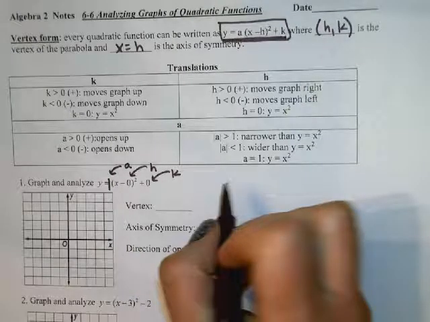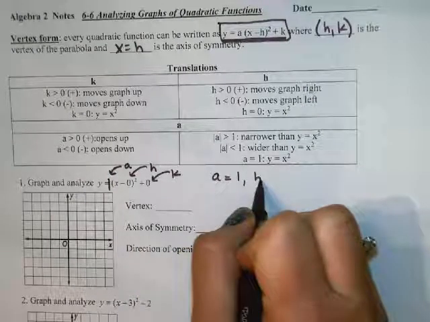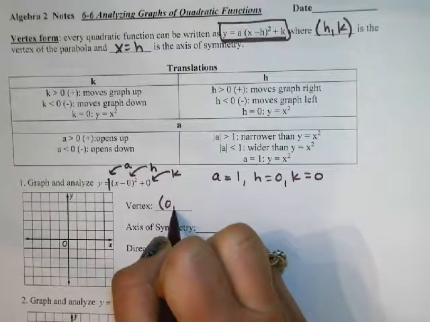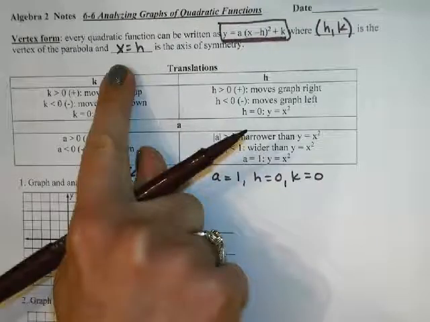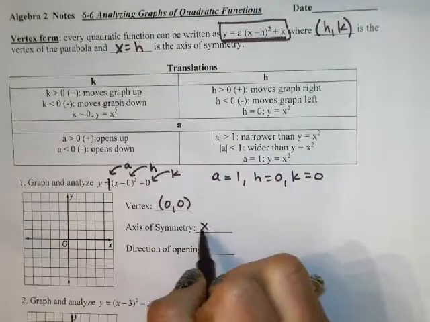I'm going to list them out: a is 1, h is 0, k is 0. So my vertex is at (0, 0). My axis of symmetry, x equals h, is x equals 0.